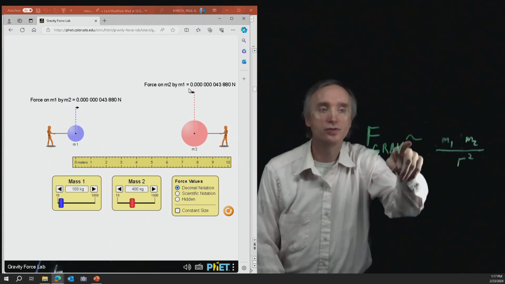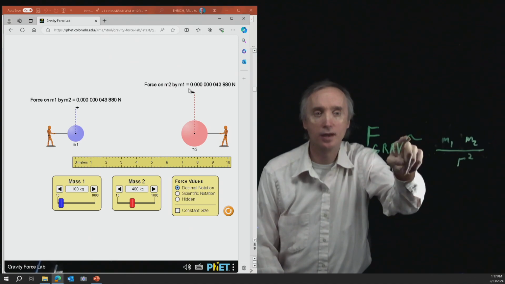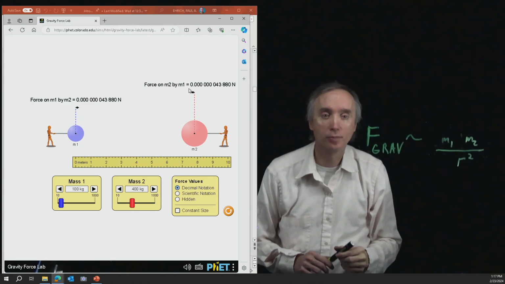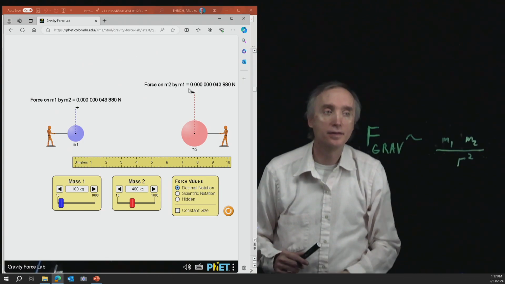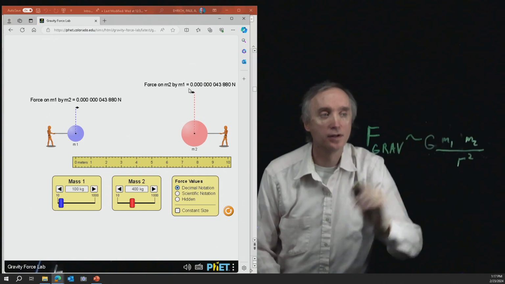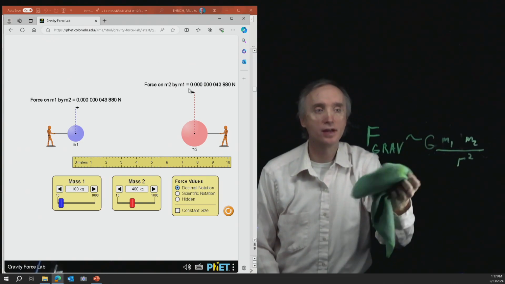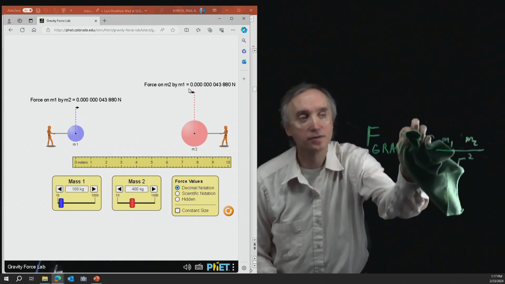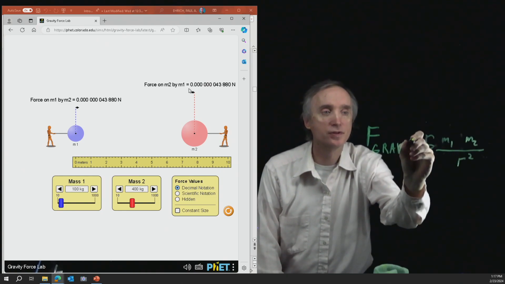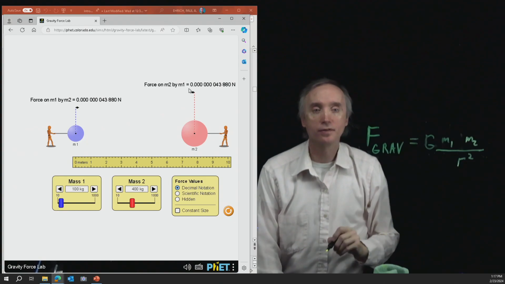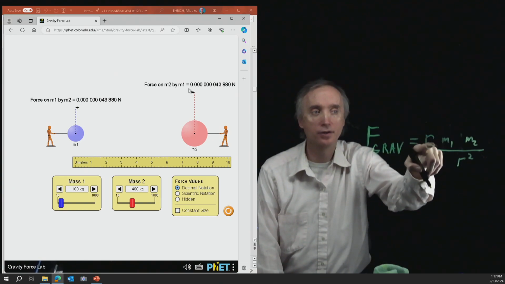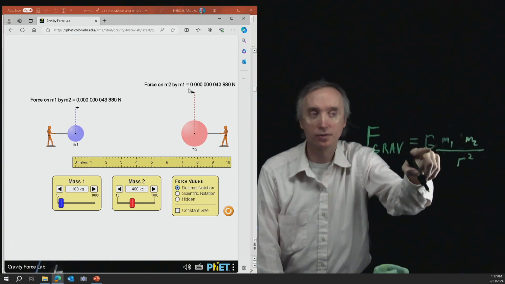In order to turn this into an equation, we need a constant of proportionality, and that turns out to be big G. This is called the gravitational constant. It's a fundamental constant of the universe that determines the strength of gravity, and it has been numerically calculated to be a certain number.